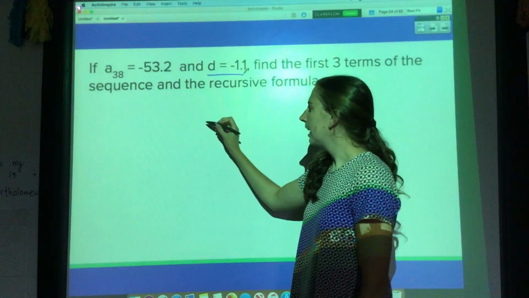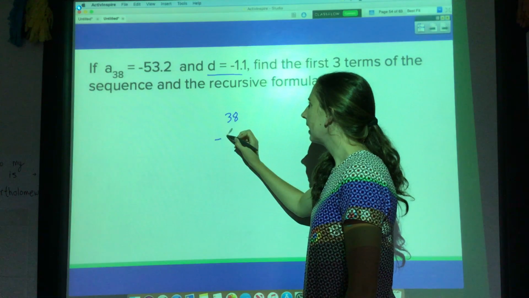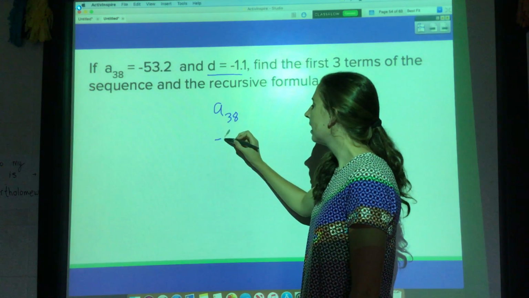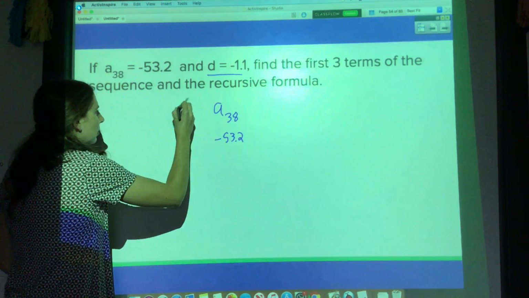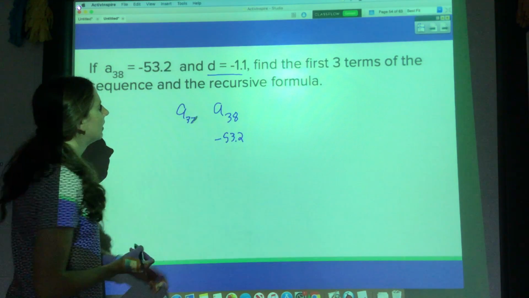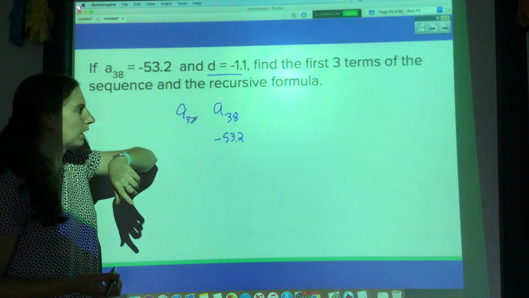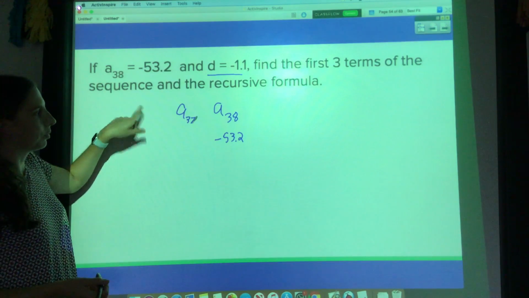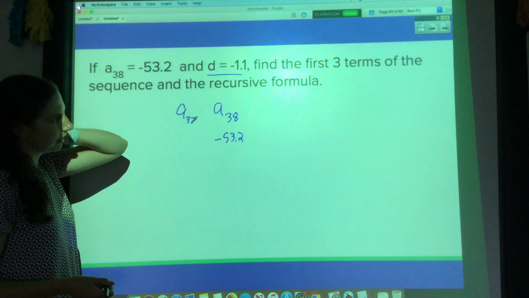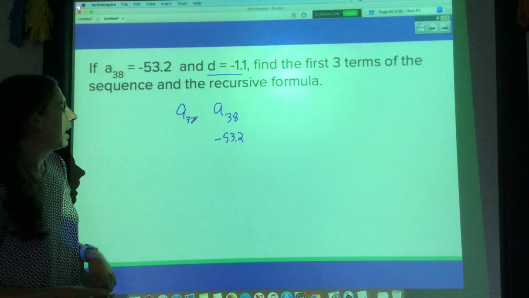So if this is the 38th term, A38, and it's negative 53.2, if I go back a term to A37, I would basically need to go back negative 1.1, and then I would go back another 1.1 and another 1.1, and so basically I need to keep backing up how many times?